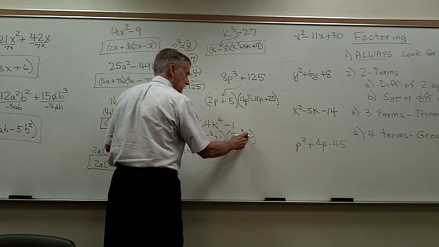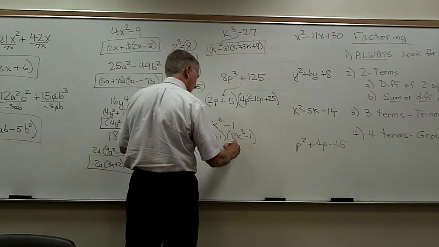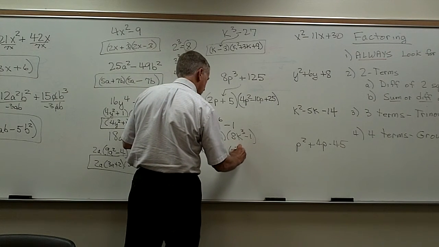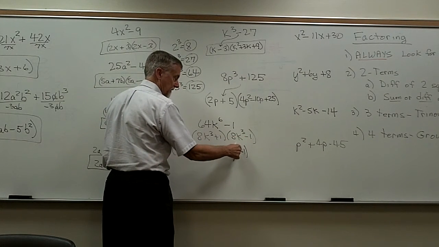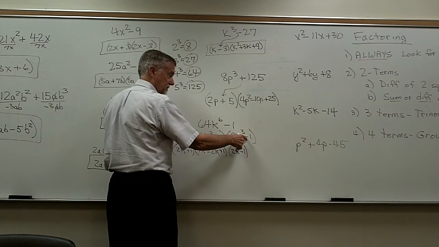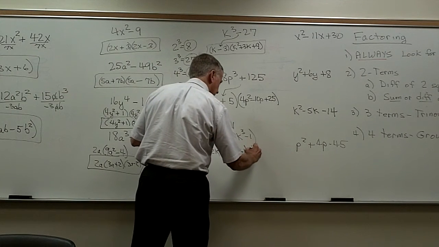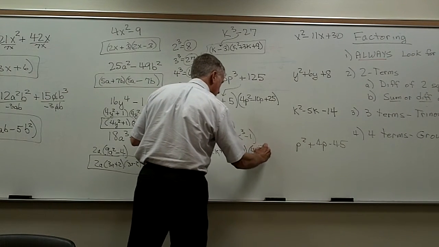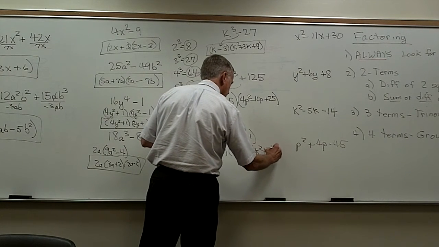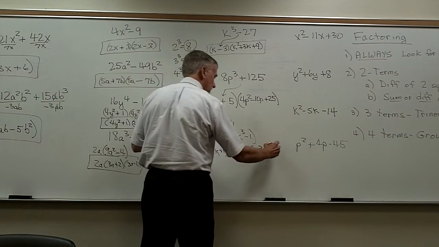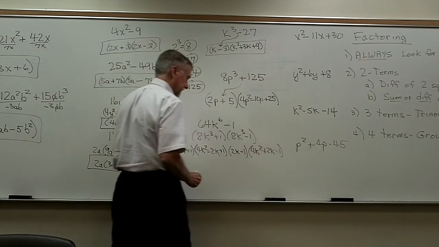And then down here, since it's a difference of cubes, I do the same thing. I'll factor that into 2k minus 1 this time, because remember the sign in the binomial is the same as the sign in your difference of cubes. And then square the first, get 4k squared. Multiply the two together and change the sign, so that's plus 2k. And then square the negative 1 and get plus 1.